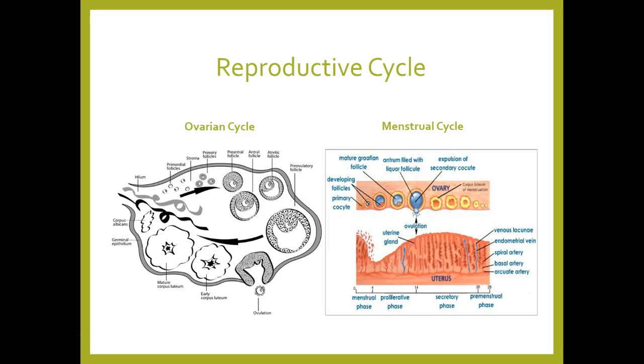Okay, again, these are a couple of extra pictures to help you sort of move through this cycle. Some of you may learn better from one photo than you do from the other. Focus on the one that helps you learn the best, okay?